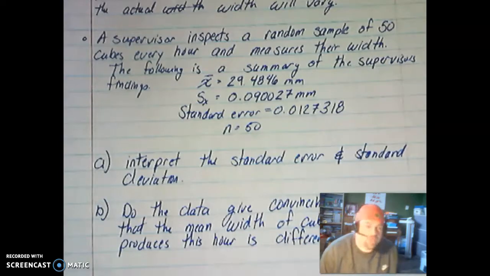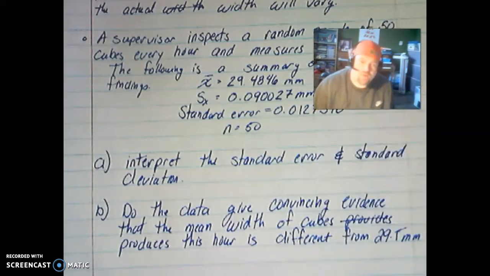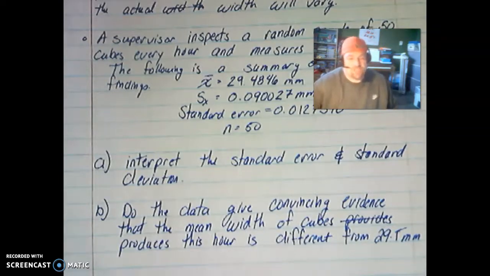Okay, so we are first to interpret the standard error and standard deviation, and then we're going to answer the question: do the data give convincing evidence that the mean width of cubes produced this hour is different from 29.5 millimeters?